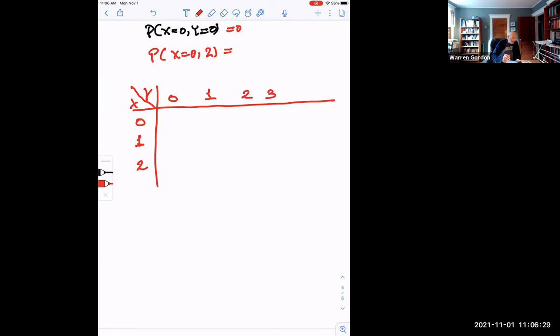And if we actually do it, we'll see the numbers are 0, 0, then 3 out of 20, 3 out of 20, 1 out of 20. I'm just copying what I have in the book now so we can talk about this.